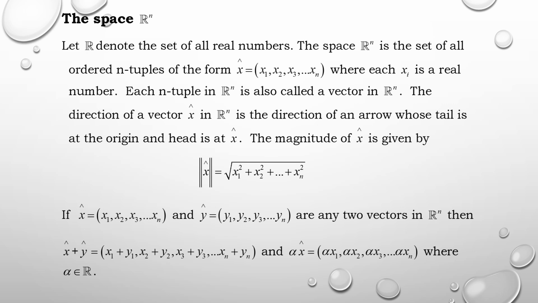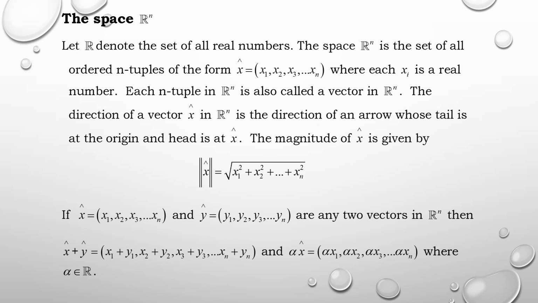The tail of this particular arrow is at the 0 cap and the head of the arrow is at the vector x cap. The direction of the vector x cap is the direction shown by this arrow. Thus, we assign the direction to the n-tuple x cap.